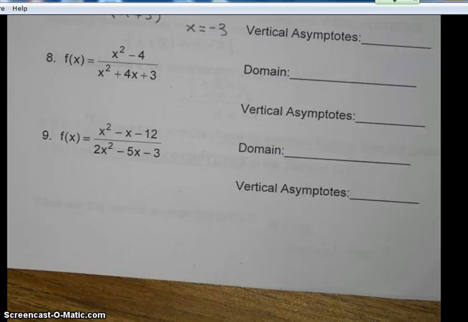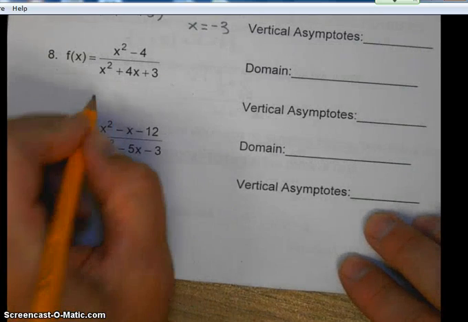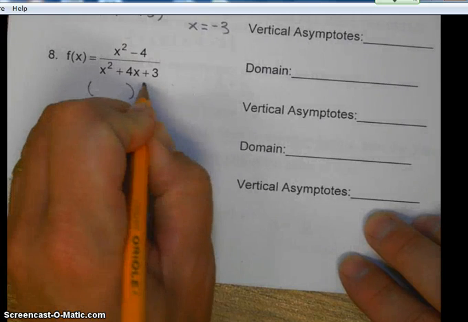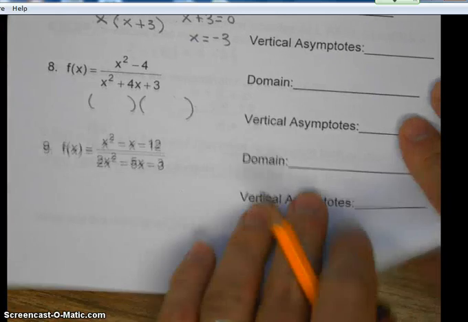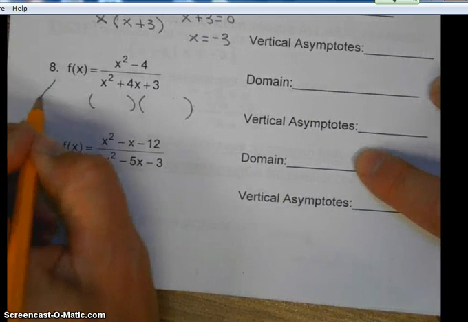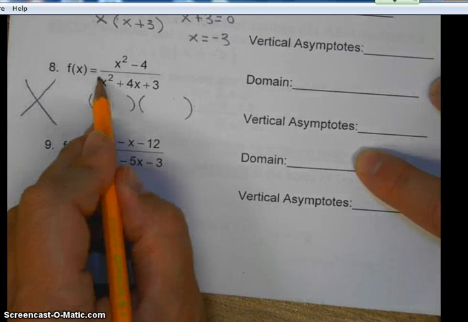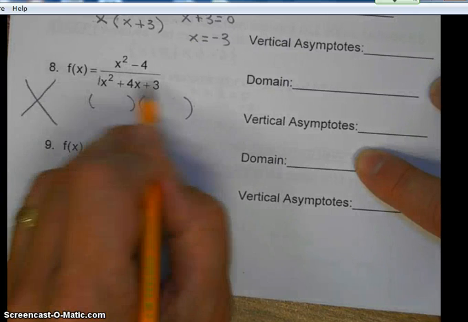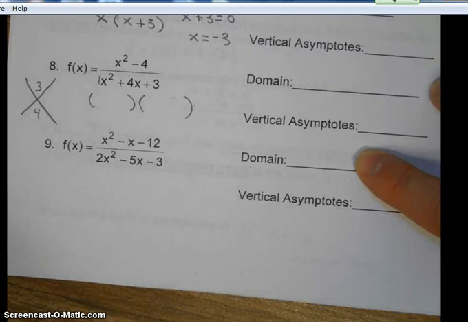Another little reminder, how do I factor this? In case you forgot, you can factor this using the x factor, or you can do it in your head. Since the a value is 1, 1 times 3 is 3, and then the 4 goes on the bottom.